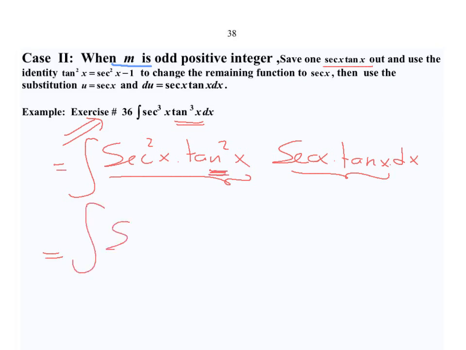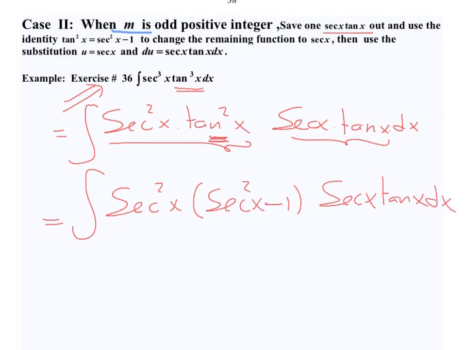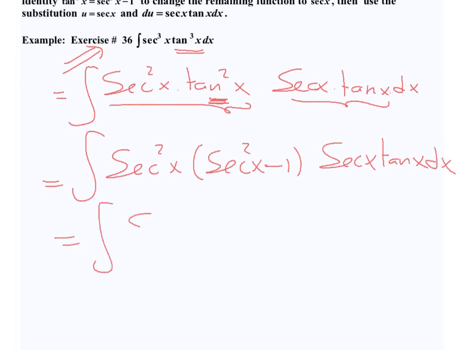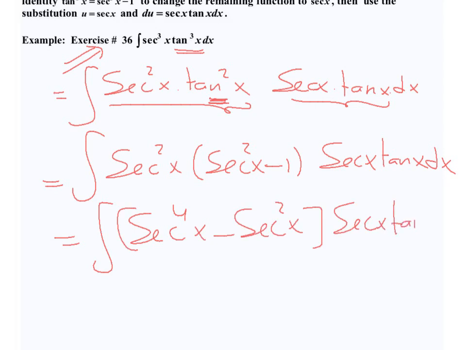So we can change this into secant square x minus 1. This is secant tan. And open the bracket, so you have secant 4 x minus secant square x. The saved secant tan remains as it is because it is going to be used as du.